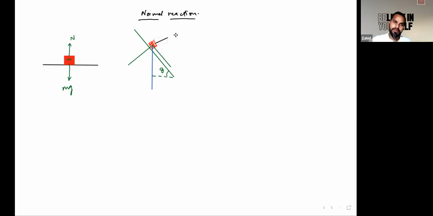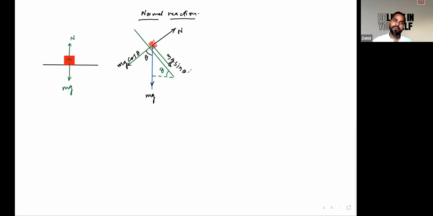The normal force opposite to this surface would be along this direction. Let this term be the normal reaction. This is gravity. Let's say this is theta, so this will be theta. This component will be termed as mg cos theta, and this will be termed as mg sin theta.